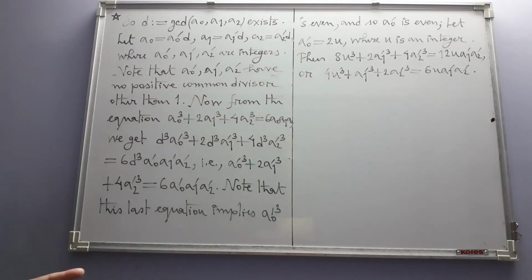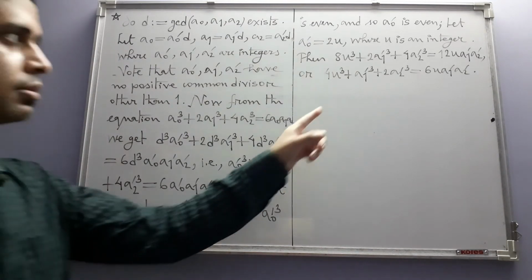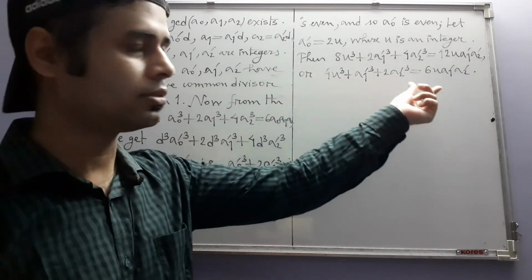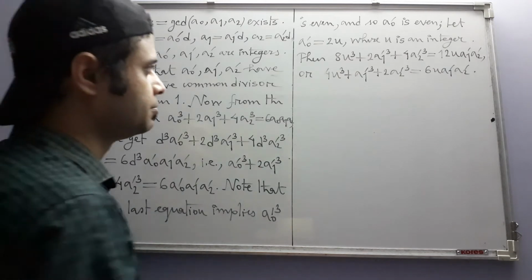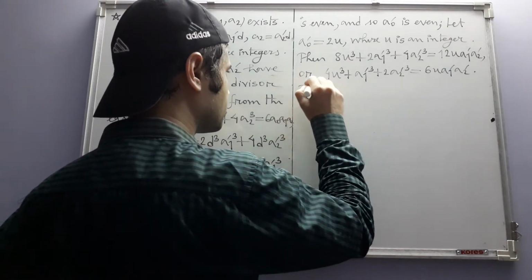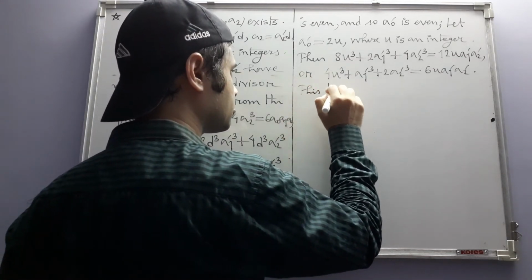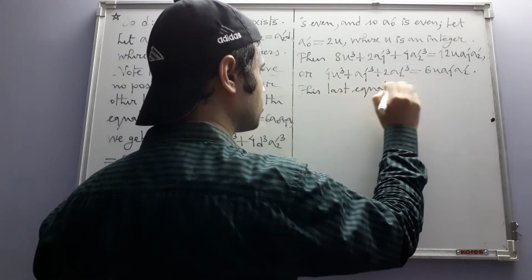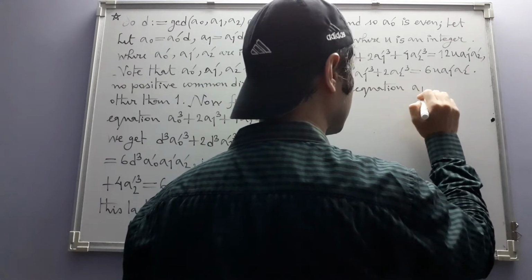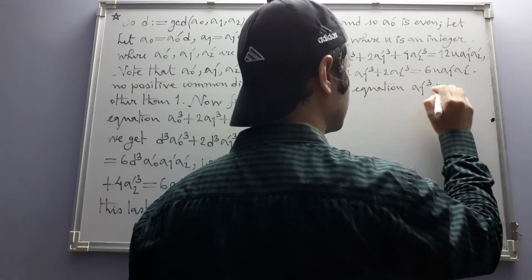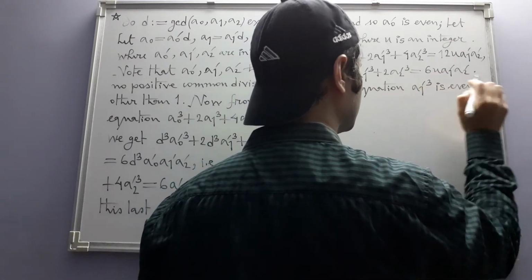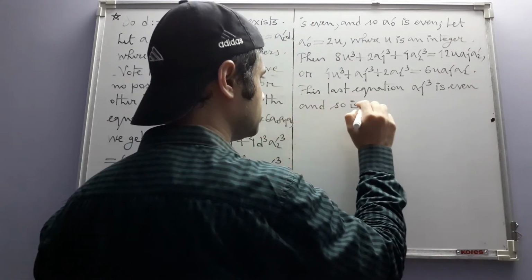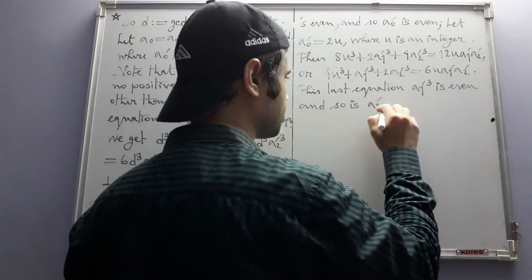Now this last equation again implies that this time a1 prime cube is even, because all the remaining terms are even. A1 prime cube is even, and so is a1 prime.